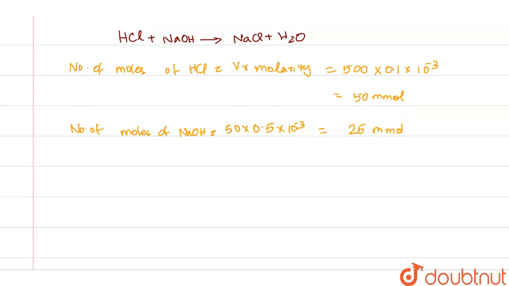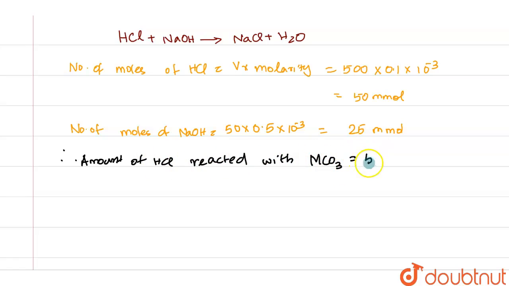Therefore, the amount of HCl reacted with MCO3, metal carbonate, is 50 minus 25, because 50 millimole of HCl was present and 25 millimole of NaOH was used to neutralize.